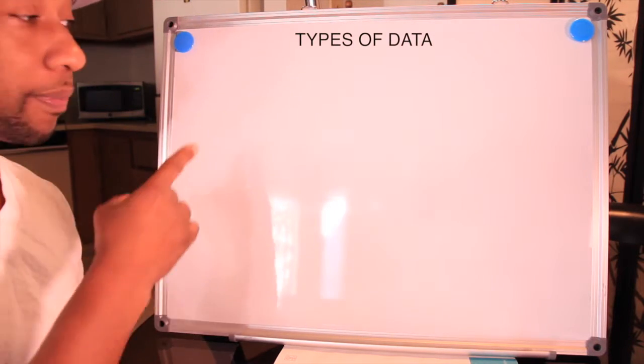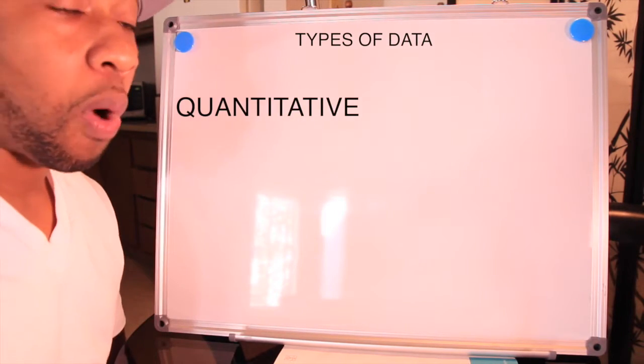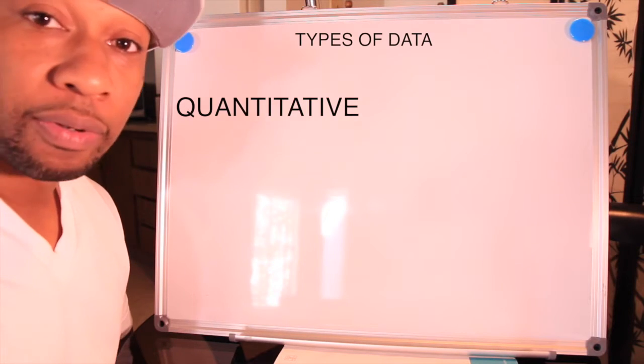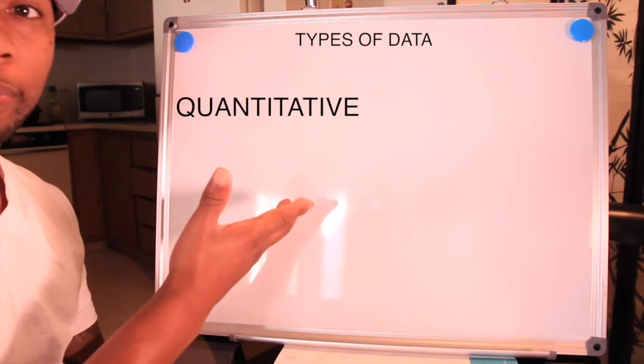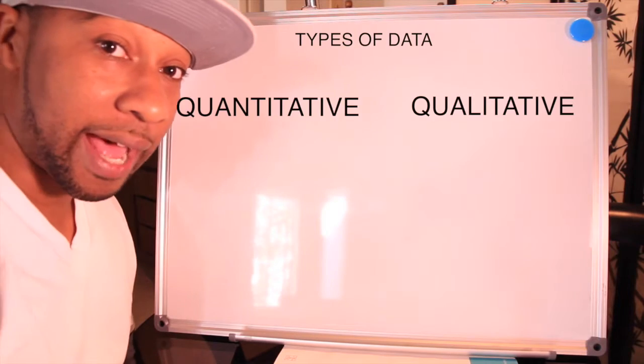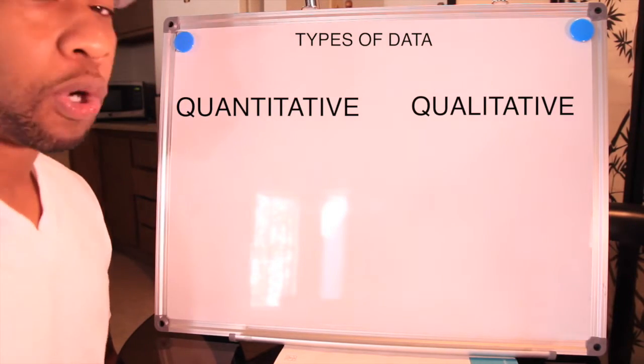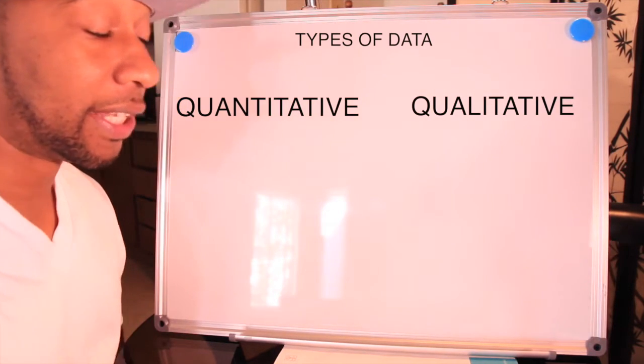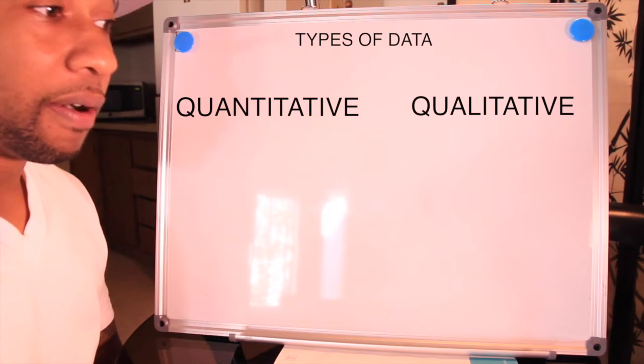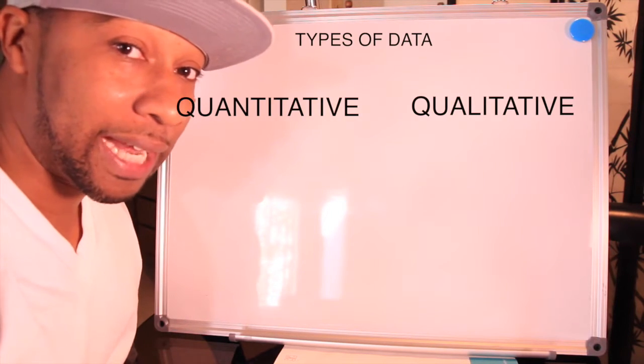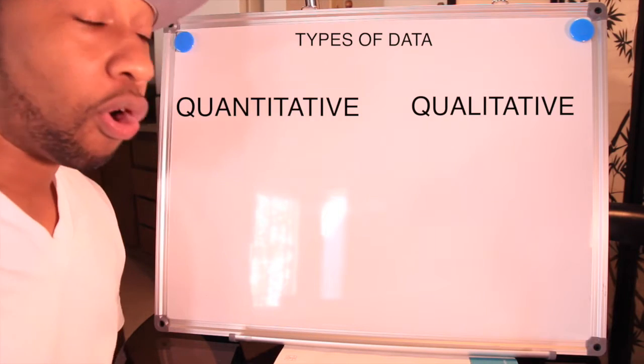The first term is quantitative data. Okay, and the second term is qualitative data. Now, what quantitative and qualitative data is, they're two different methods of categorizing and obtaining information or data.